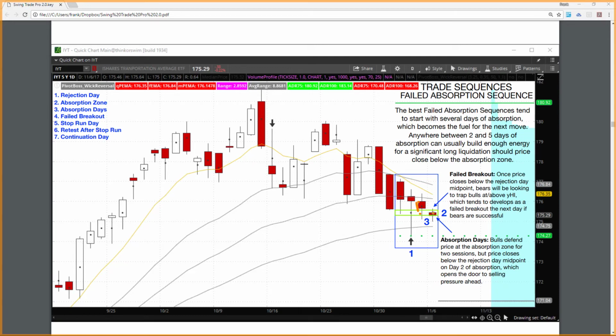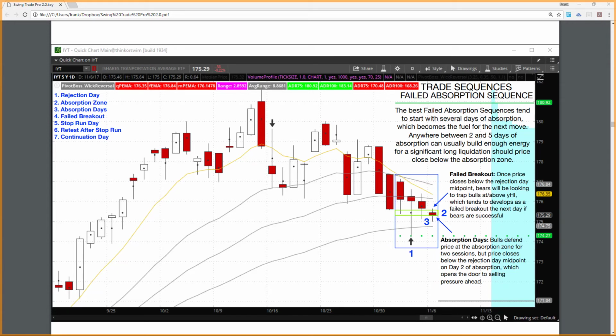Now the next day after that, another gap down, pulls back, and then drops even lower, and this time price actually closes below the midpoint. It didn't close below the midpoint here, but it did there. That right there is an indication that we're likely about to see a major continuation lower.